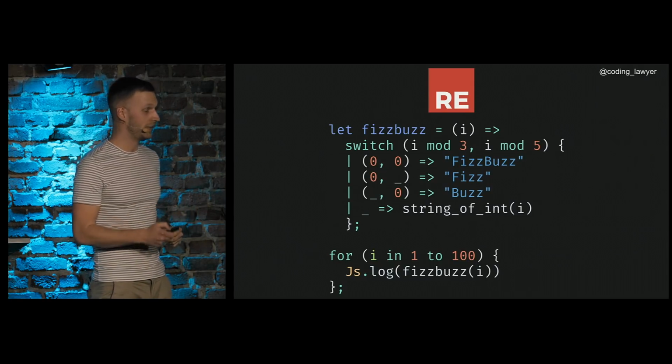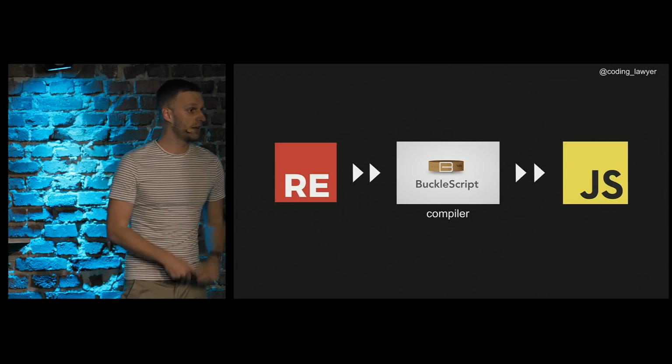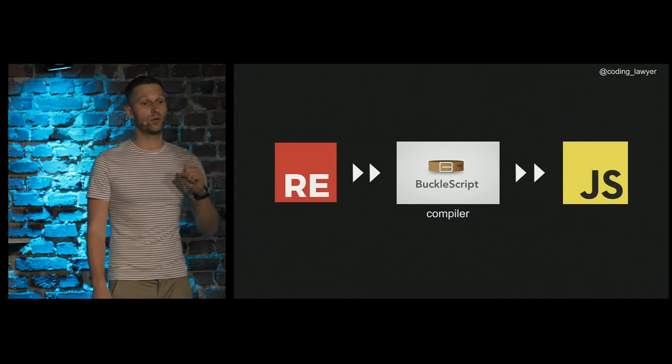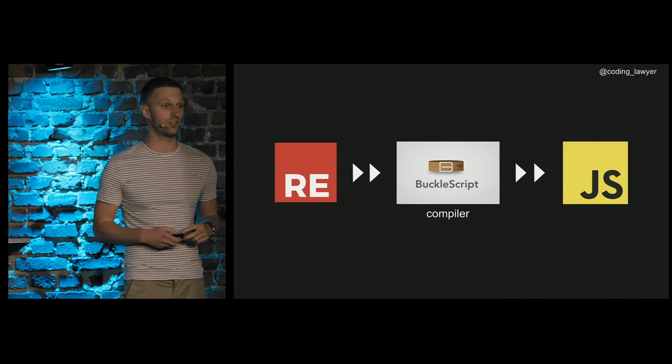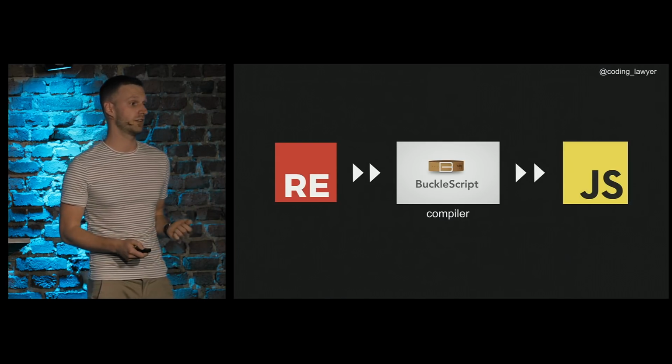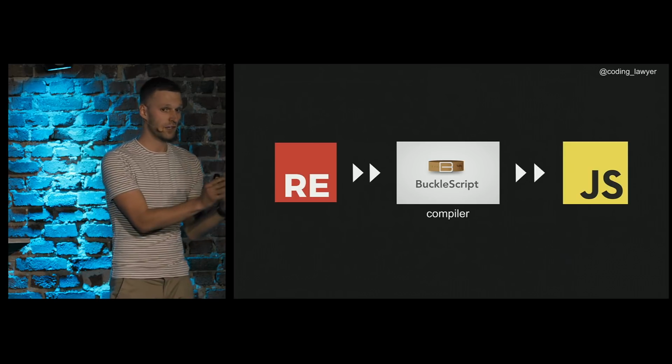And we can do that thanks to the BuckleScript compiler. BuckleScript will take your Reason code and compile it to readable and performant JavaScript with great dead code elimination. And because BuckleScript is based on the original OCaml compiler, the compilation is really fast. It's much faster than Babel's compilation and several times faster than TypeScript.